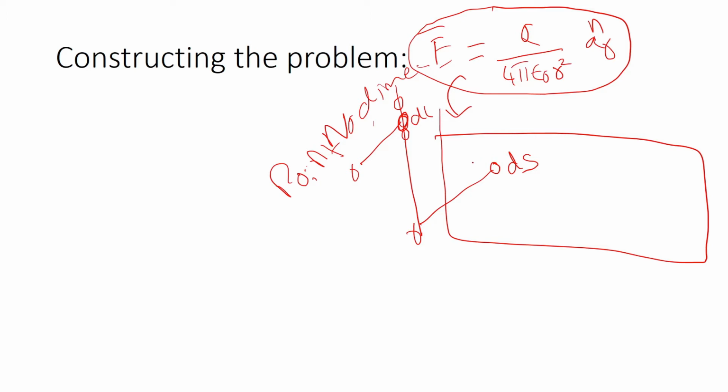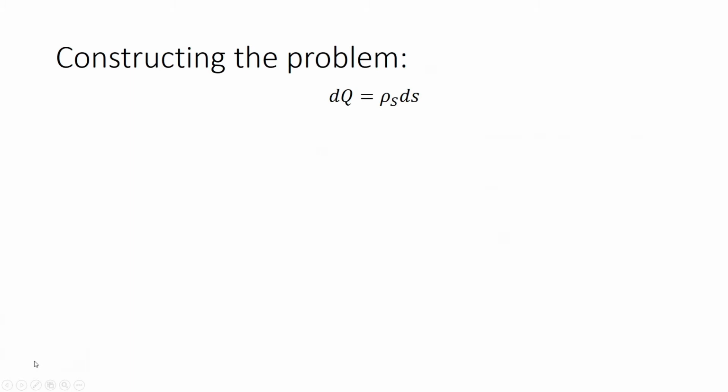Now, the charge inside this surface can be obtained using the definition of surface charge density. Because the surface charge density is defined as the charge per unit area, for an area of ds square units, the charge inside it would be rho s ds. If I want to determine the total charge q, then I will be using the integral of rho s ds. Remember that this integration is a double integration.